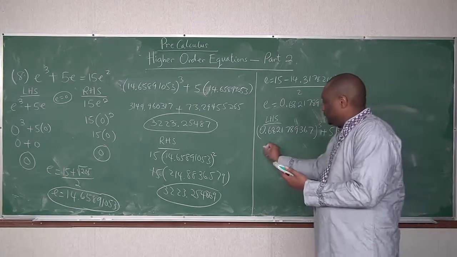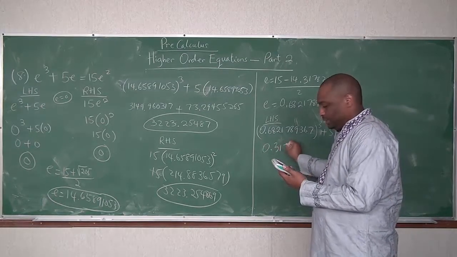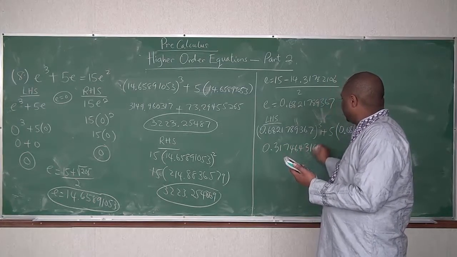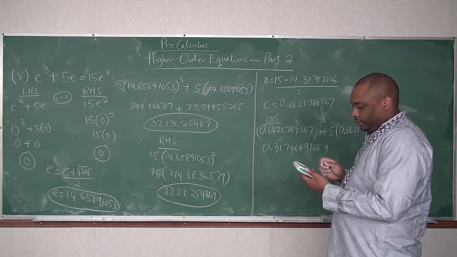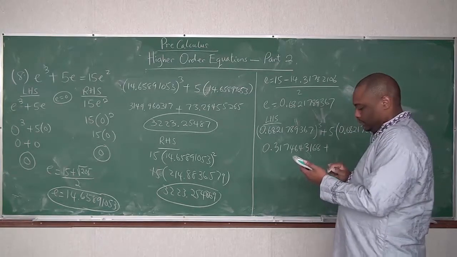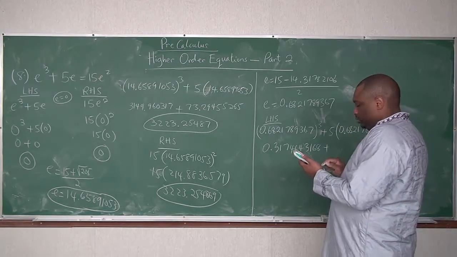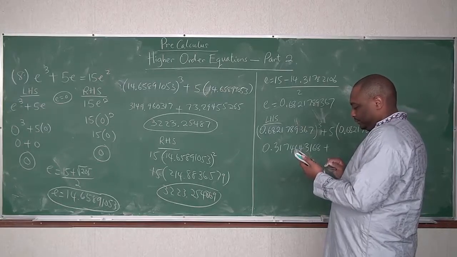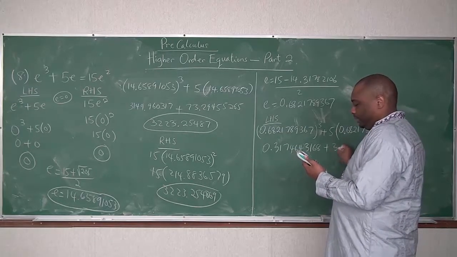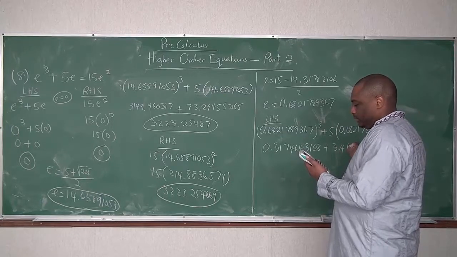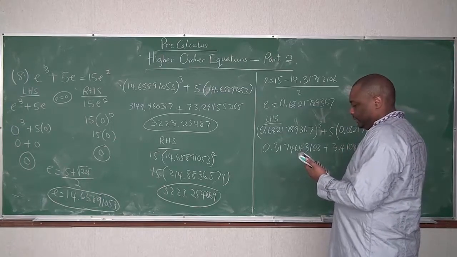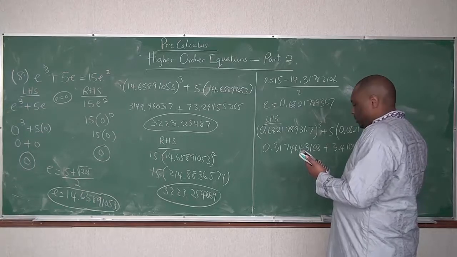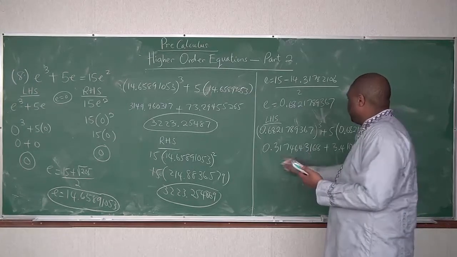So I have 0.317464368 plus 5 times 0.6821789367, which is 3.410894684.